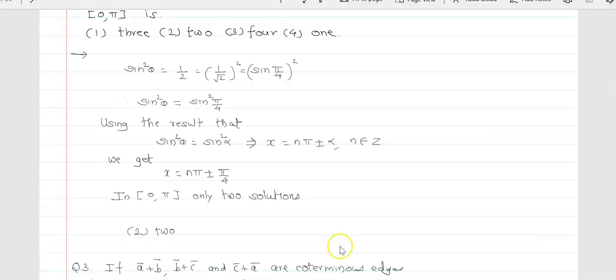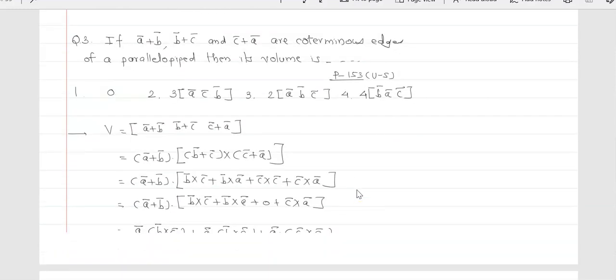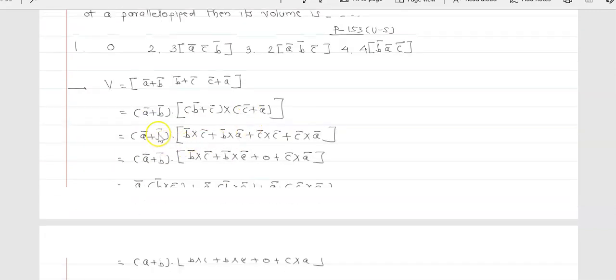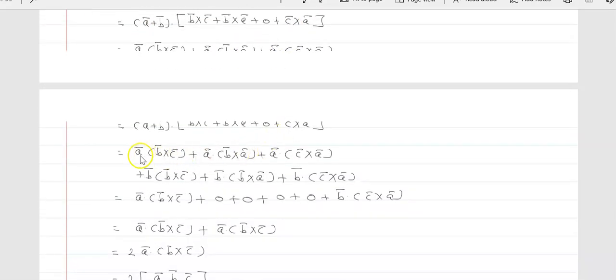Okay. Here, it is on page number 153 from the textbook. Volume is equal to, you can write here their product.